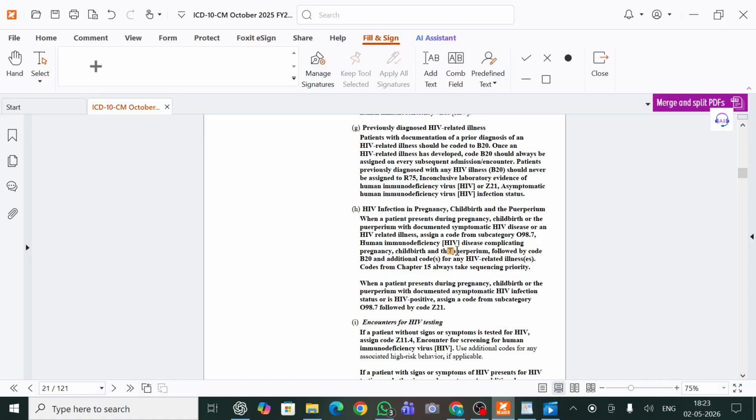This is the combination code for infection in pregnancy. We will additionally report B20 here also, because it's a complication in pregnancy, so we report the complication code as well. So B20 is also additionally reported in your record.